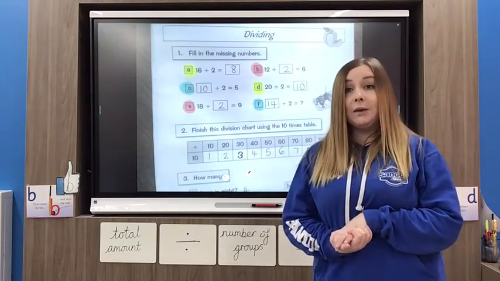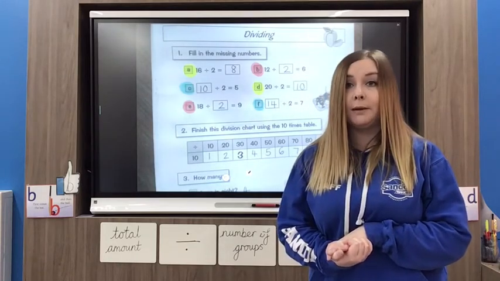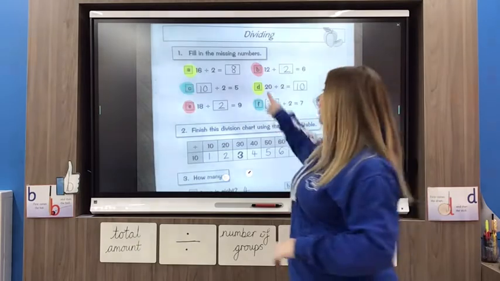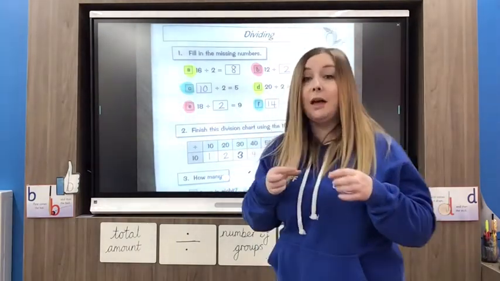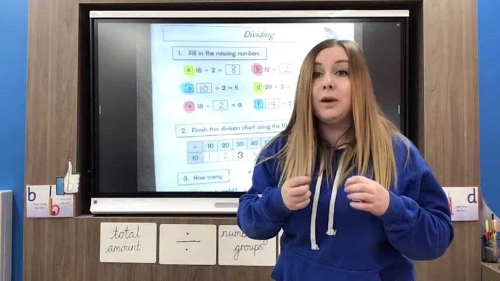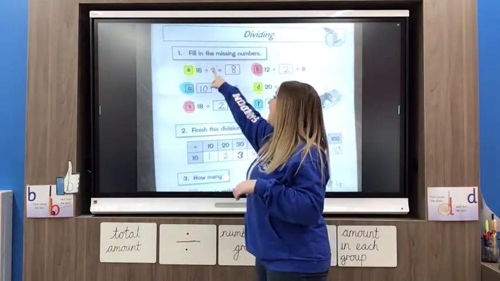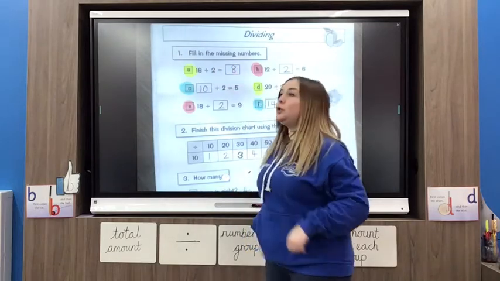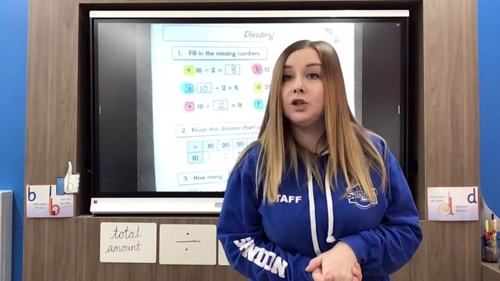So on Friday we had to use our times tables to help us, didn't we? So now that we've got our answers, we can do them like a normal division calculation. And let's see if we get the same numbers. So 16 divided by 2 equals 8. Who can remember what times table we would need to use to answer that question?